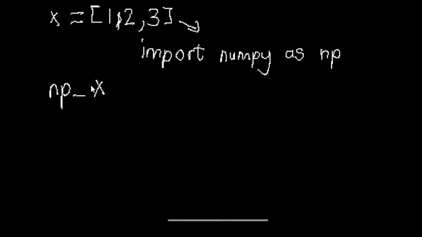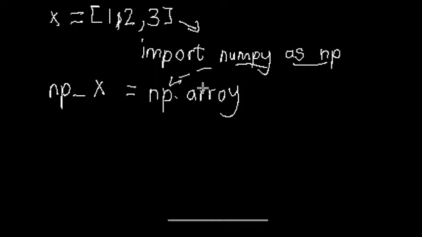underscore x, and then we would say equals np.array. np refers to this. The .array is the feature to basically convert x into an array.